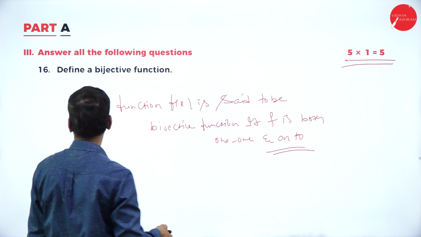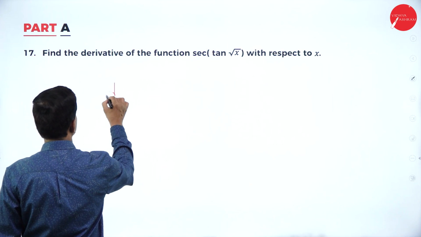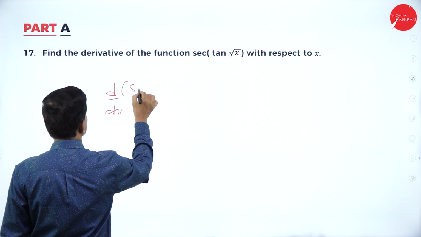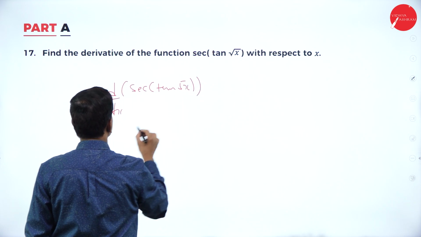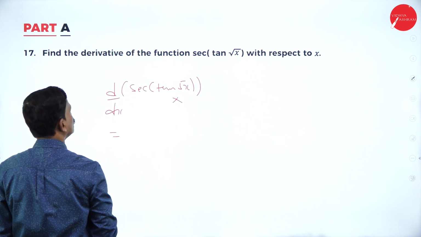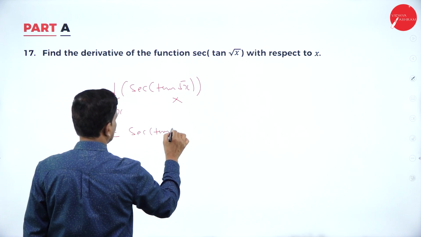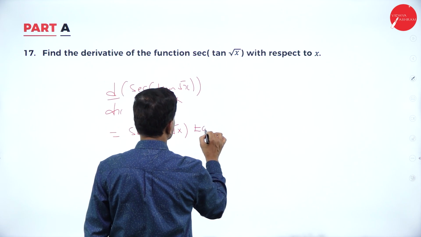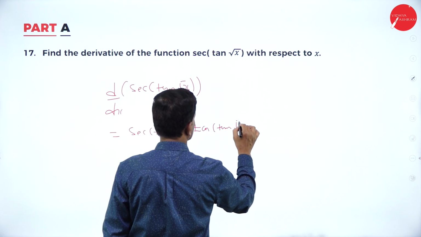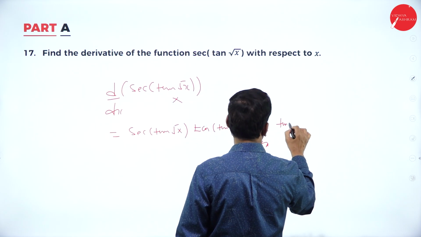That's it. Now next, find the derivative of the function secant of tan root x, so d by dx of secant of tan root x. Now this is a function of a function. Now differentiation of secant x is secant x tan x, so secant of tan root x into tan of tan root x into d by dx of the inside function, that is tan root x.